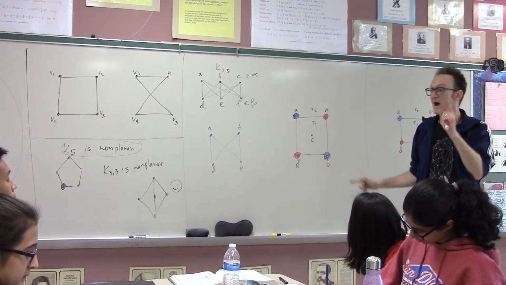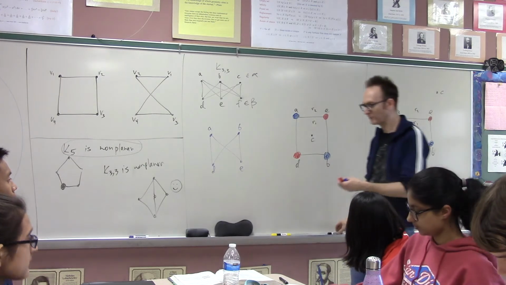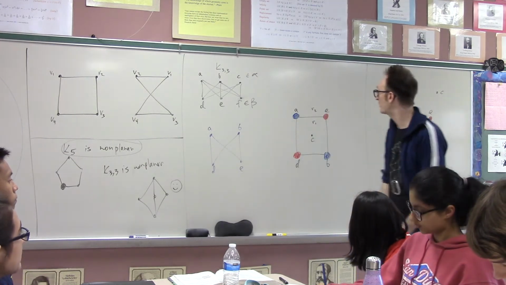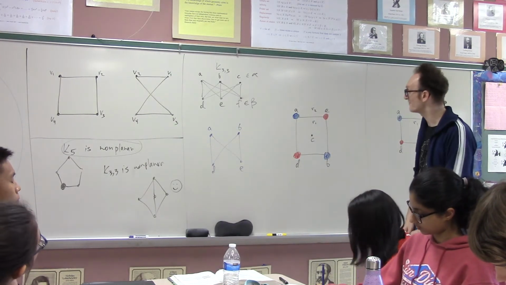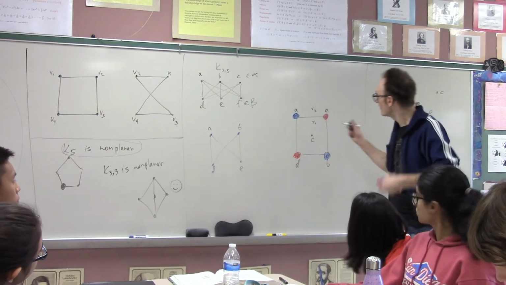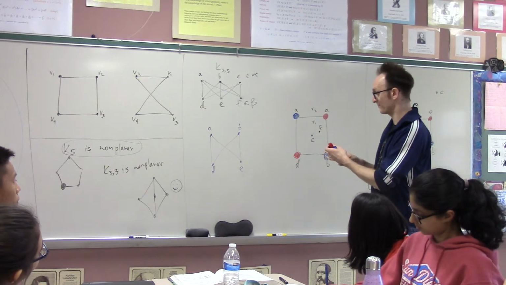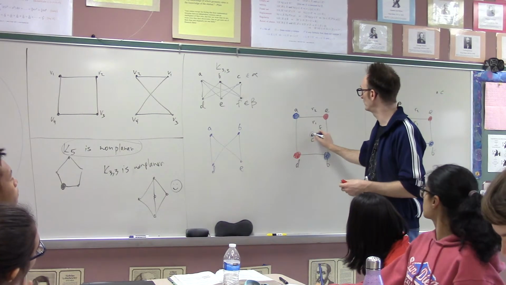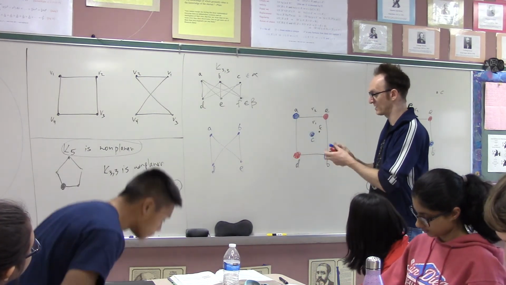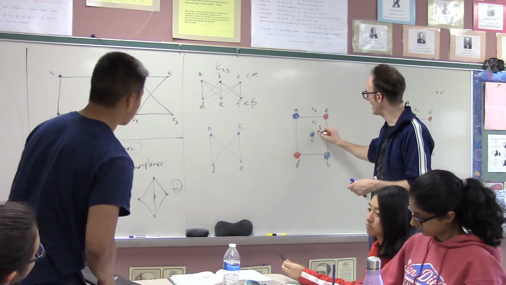Case 1 divides into 2 further subcases, because where do we put F? If we put F inside, we're screwed. C was a part of the blue and F was a part of the red. Why are we screwed with F on the inside?